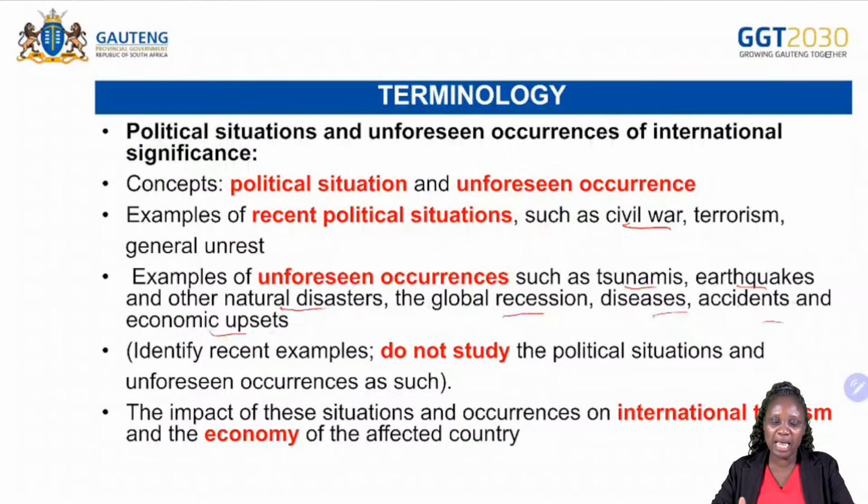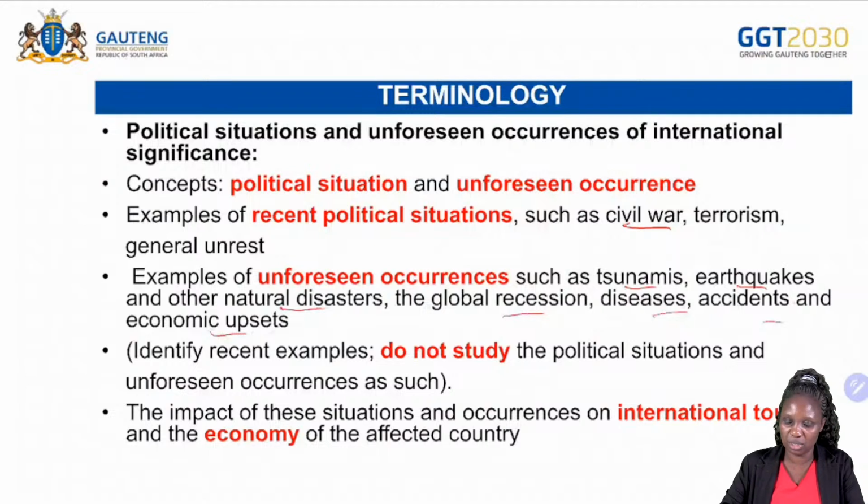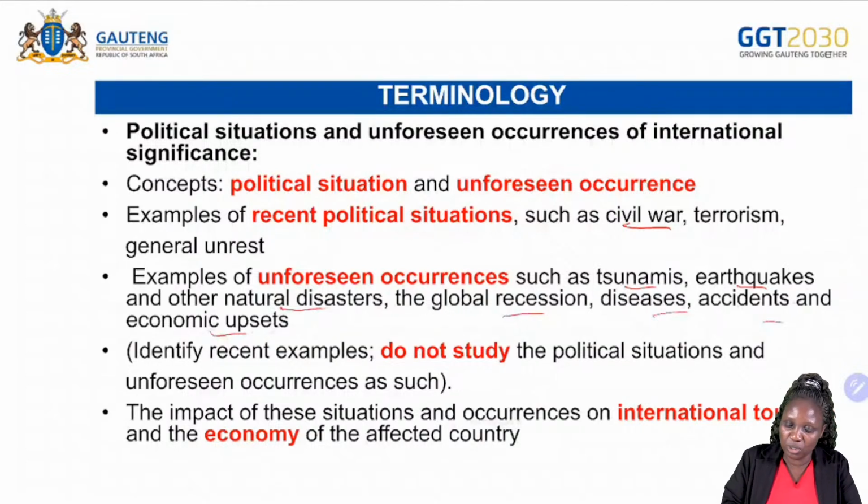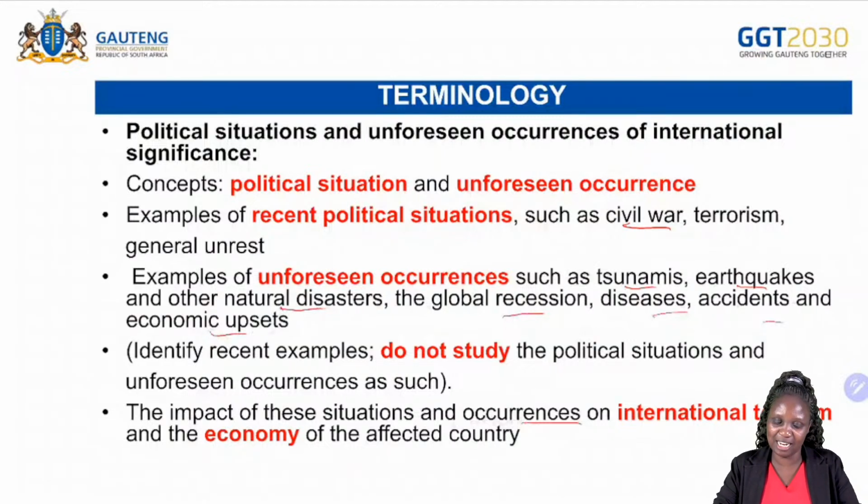And then also the economic upsets. Identify recent examples, just recent examples, and don't study them a lot. These are the political situations and unforeseen occurrences. And then the impact of these situations and occurrences on international tourism and the economy of the affected country.